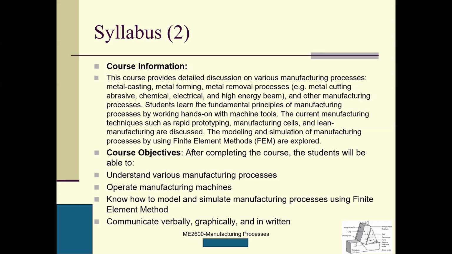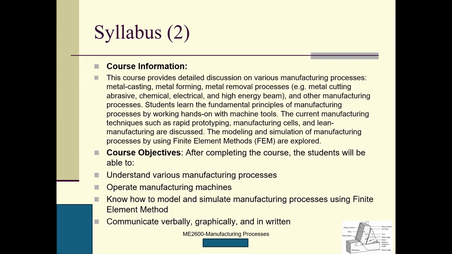Course objectives: after you finish this course, you are supposed to be able to do the following things. First, understand the various manufacturing processes and be able to operate manufacturing machines. But for this class, we will not operate the machines. However, I'm going to introduce you to the CNC machine.